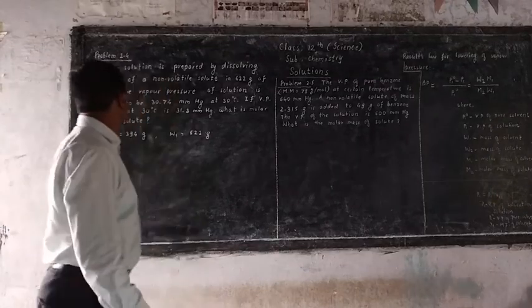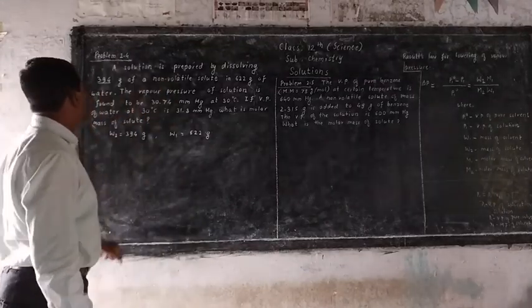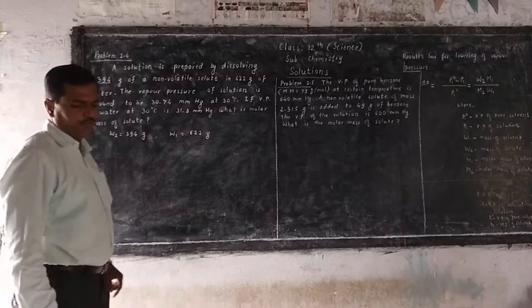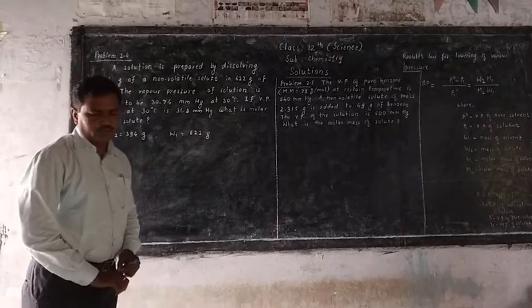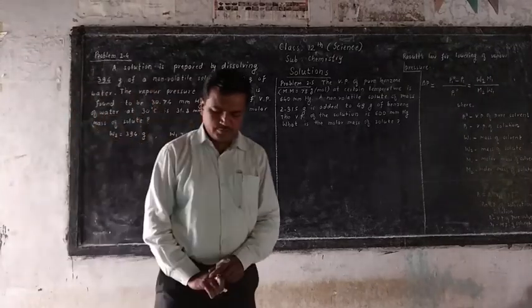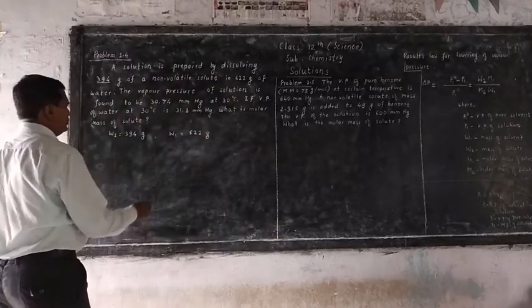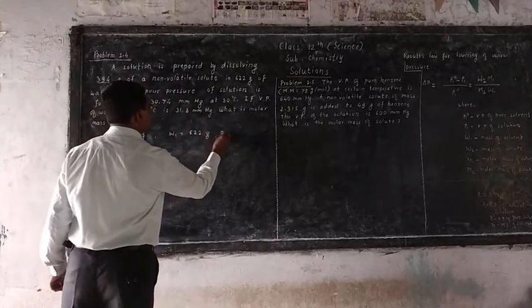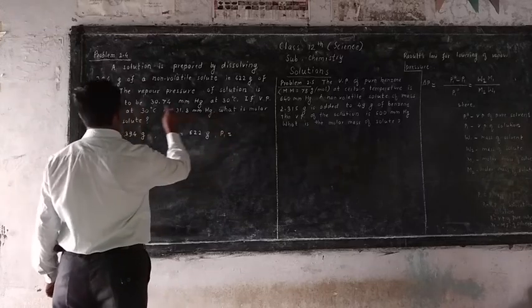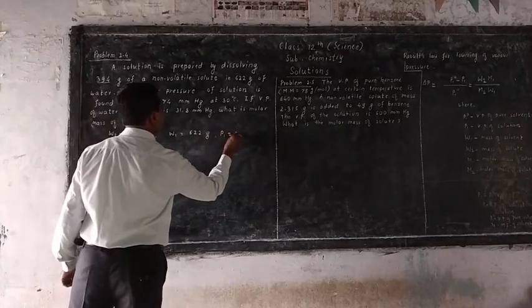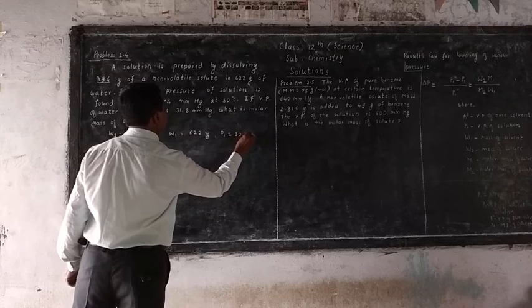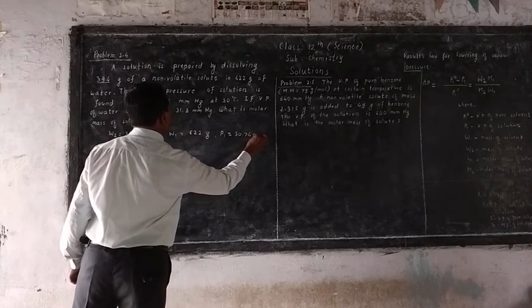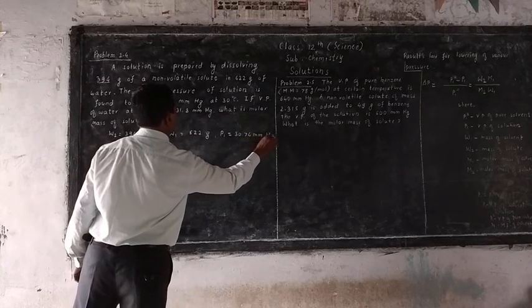Then the vapor pressure of solution is found to be 30.74 mm of mercury. Vapor pressure of solution is given by P1. So P1 will be 30.74 mm of mercury.